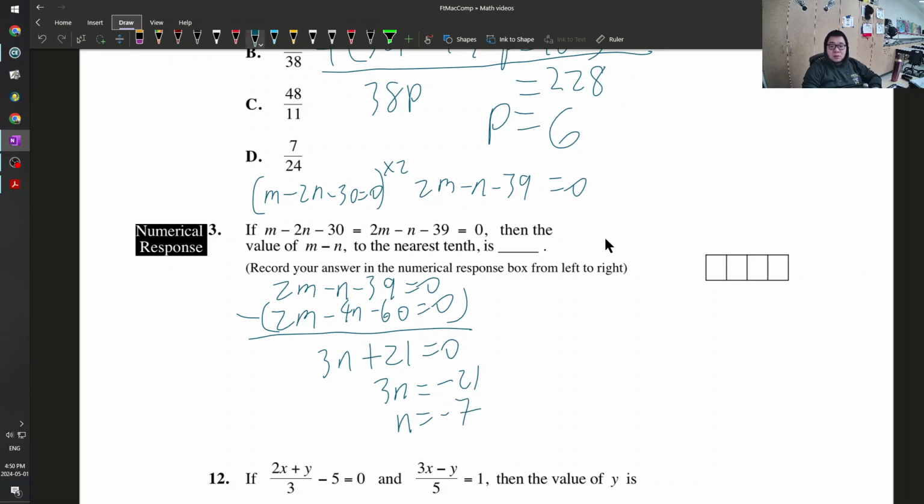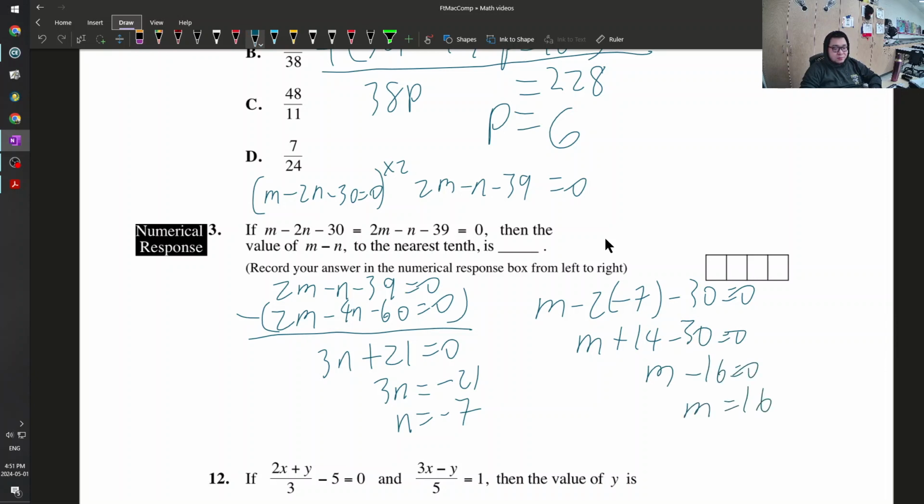Okay, now we plug it back into one of these equations, like plug into this one. So m minus 2 times negative 7 minus 30 is equal to 0. M plus 14 minus 30 is equal to 0. M minus 16 is equal to 0. M is equal to 16.